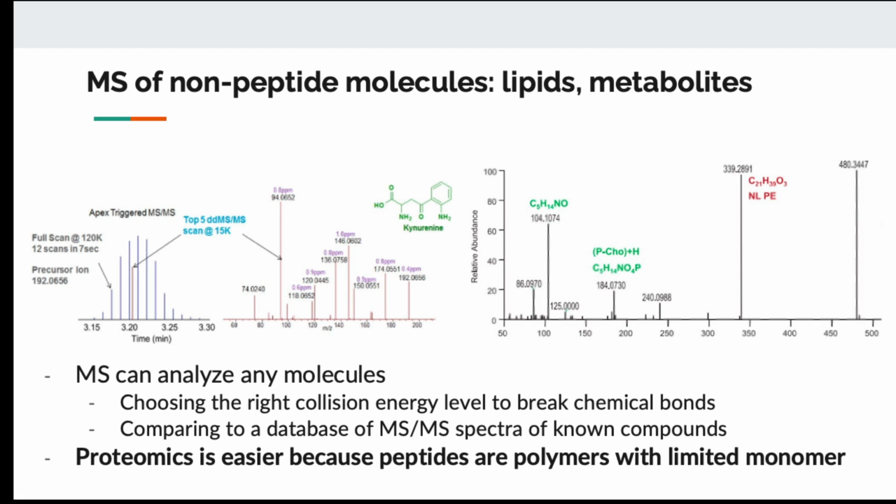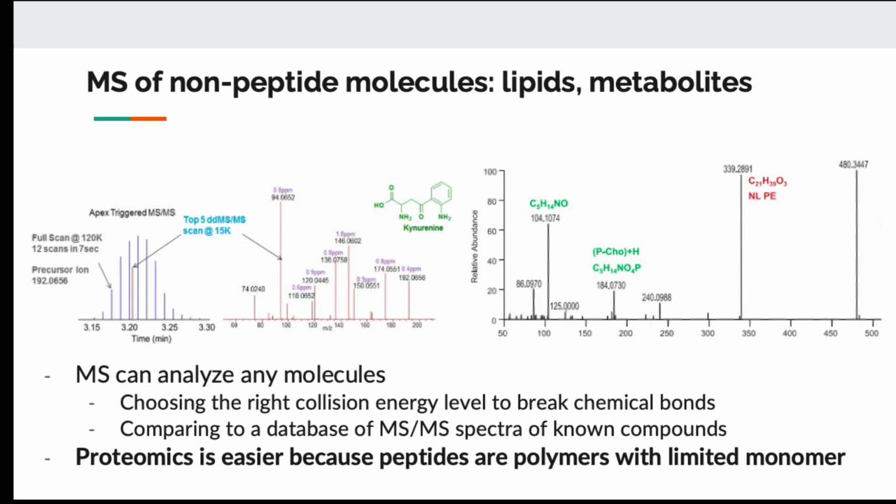The fact that proteomics is maybe more popular is because proteins and peptides are polymers. So their fragmentation products are easier to understand. But if you have a chemical compound, like a lipid, it's more difficult to tell which part can break by the energy and what the signature would be.